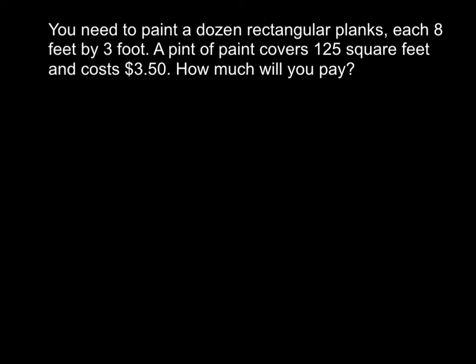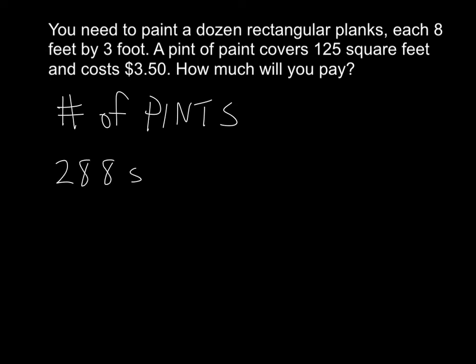Okay, so now what I have to do is find the number of pints. To do this, I'm going to think about the fact that each pint of paint that I'm going to use covers 125 square feet. And if you remember, we had 288 square feet.